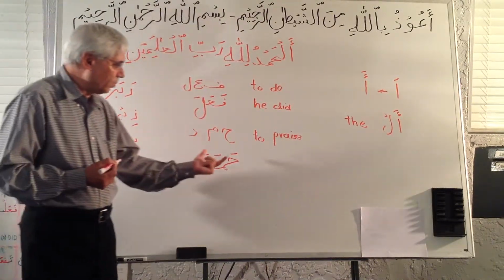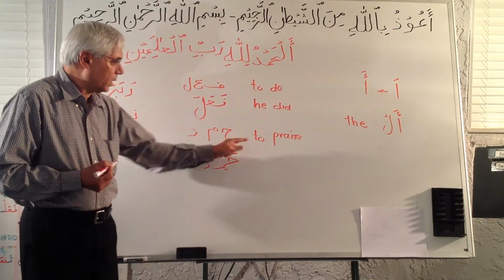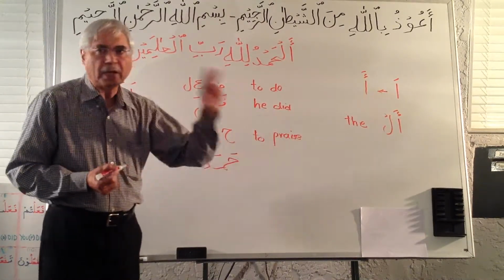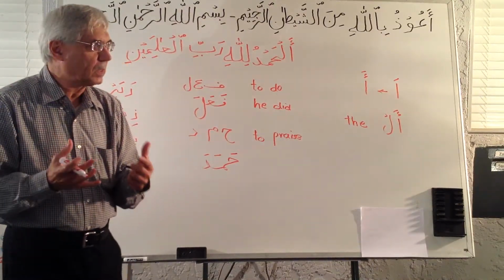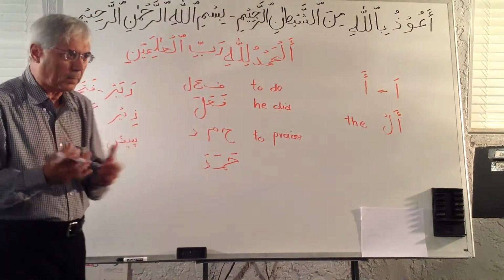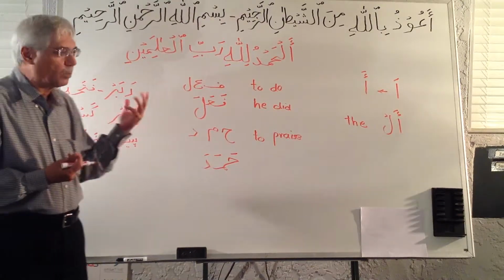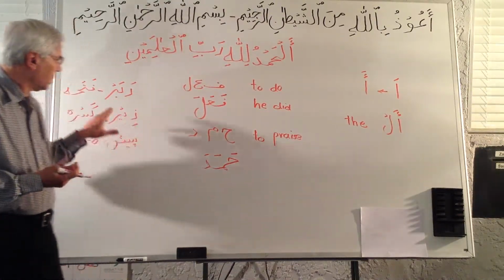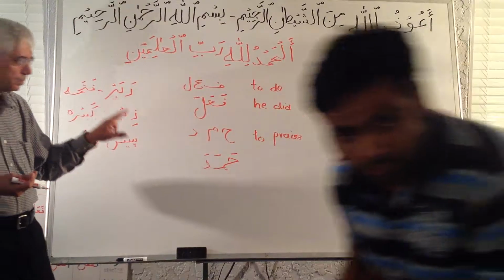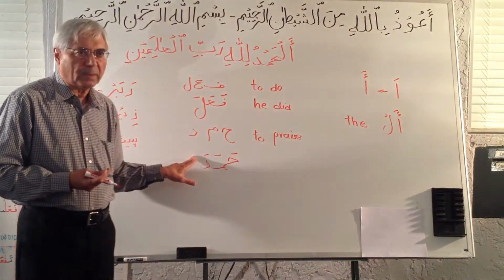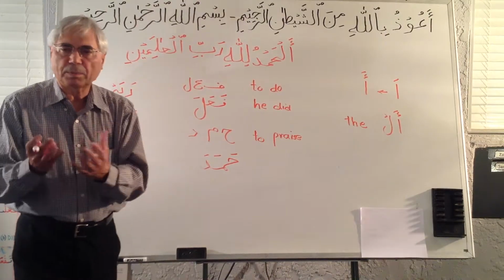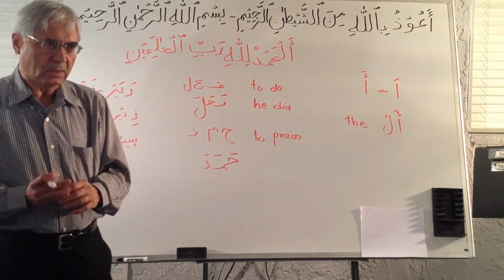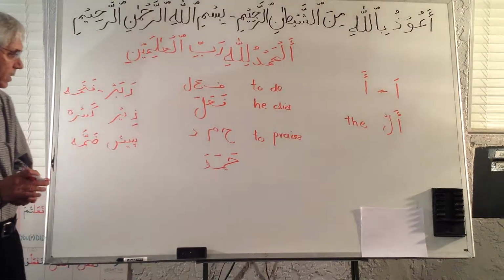And we can understand what's the meaning of this word. He praised. Third person is admiring something, or past tense, praised or admired. So simple thing, when you put 3 fatahas, 3 zabars on each one of them, it brings the meaning of third person in the past tense. Hamada. Okay, that's another rule.